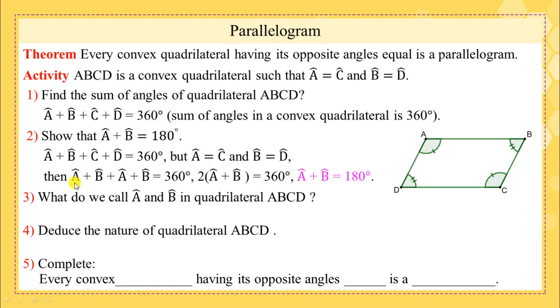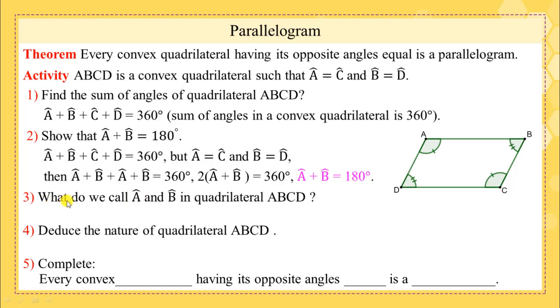Add the expression A plus B plus A plus B. We are adding A plus B 2 times. So 2 times A plus B equals 360 degrees. So A plus B equals, we divide 360 degrees by 2, we get 180 degrees.